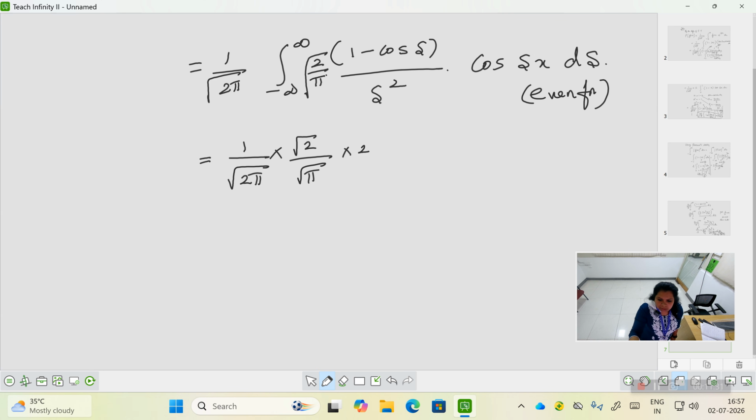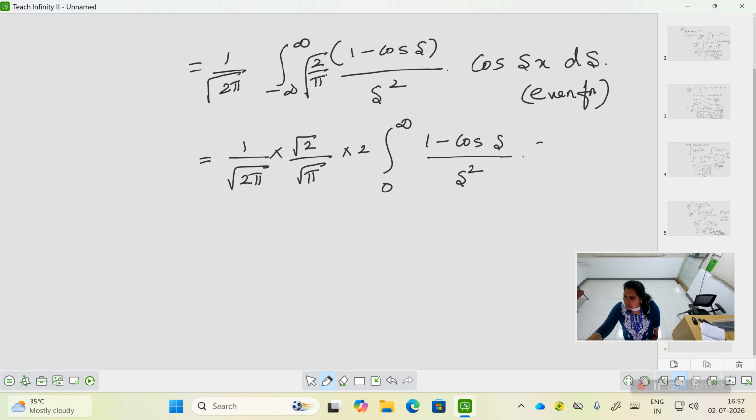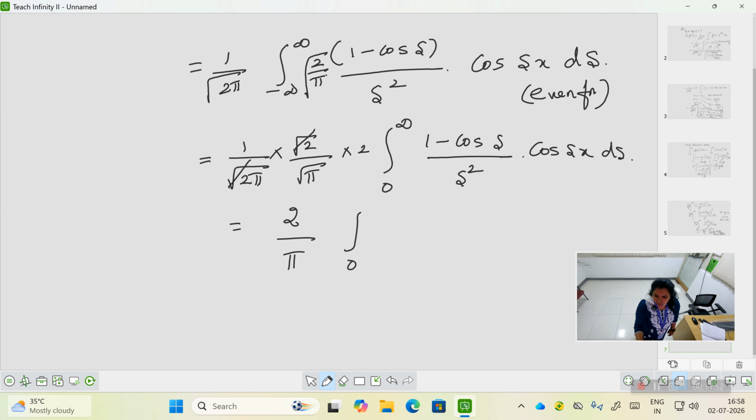In the previous term also, one term is missing. Root of 2 by pi is there. 1 minus cos s divided by s square cos sx ds. Okay, so now if you look at here, this term is cancelled, this term is cancelled. Root pi into root pi will be pi.